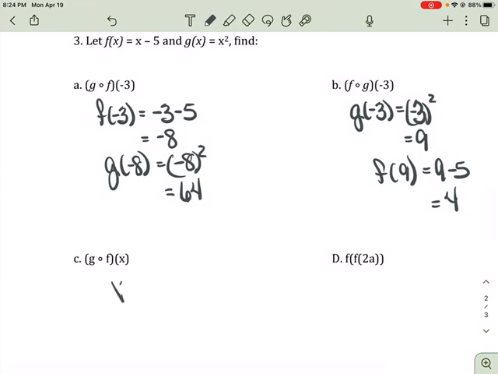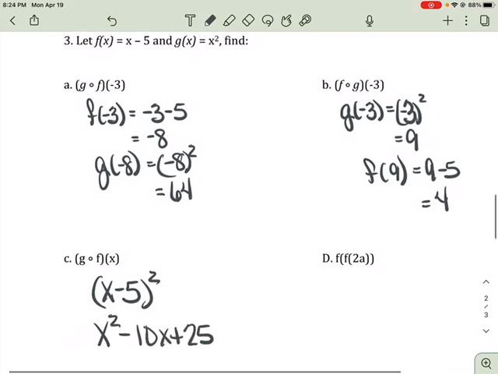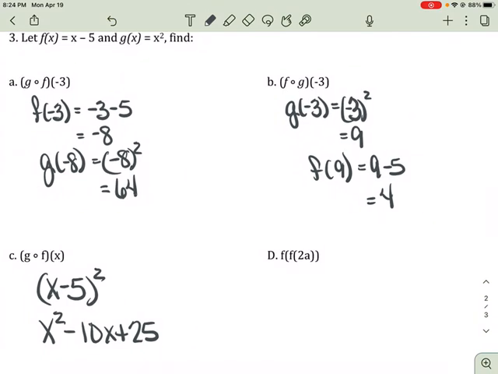Okay, g composed of f. So x minus 5. I think we did this. And f composed of f of 2a.